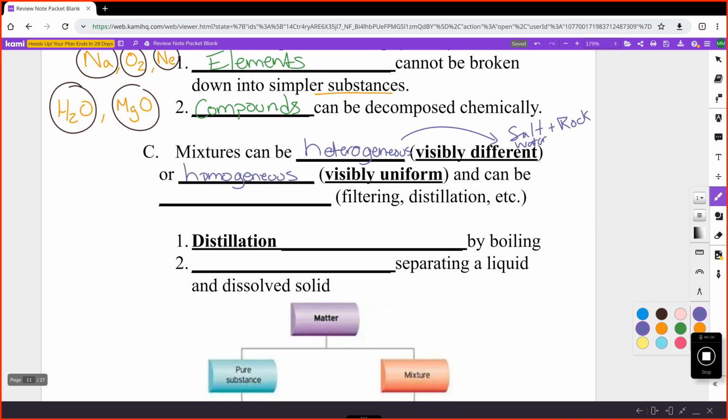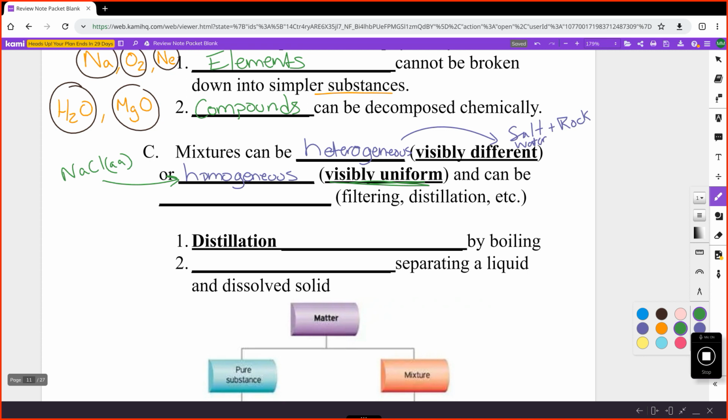But a homogeneous mixture is something like just the salt water. Right? And that's homogeneous because it looks uniform. It looks like it is only composed of one thing.